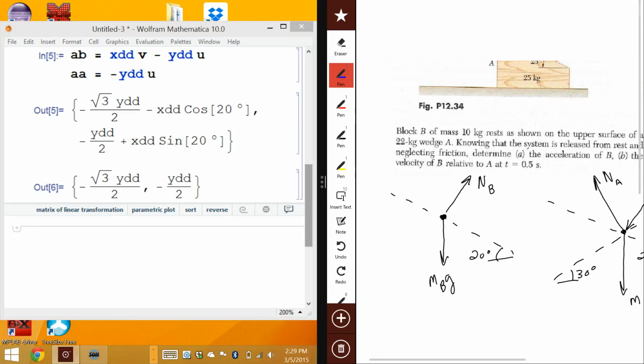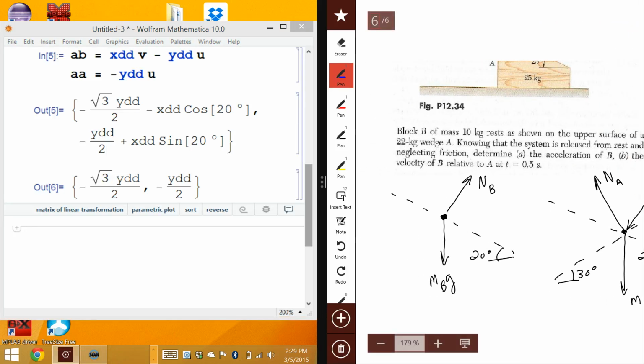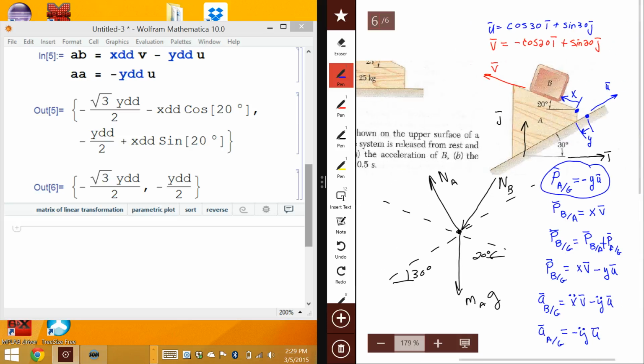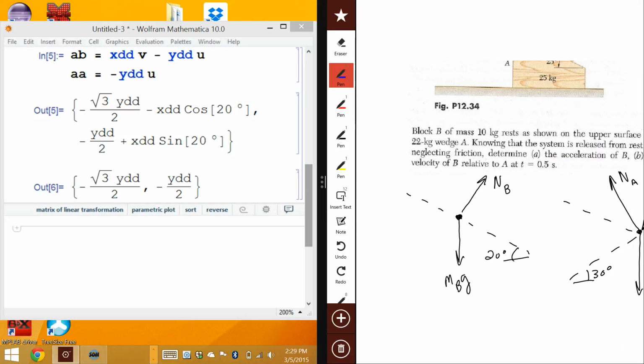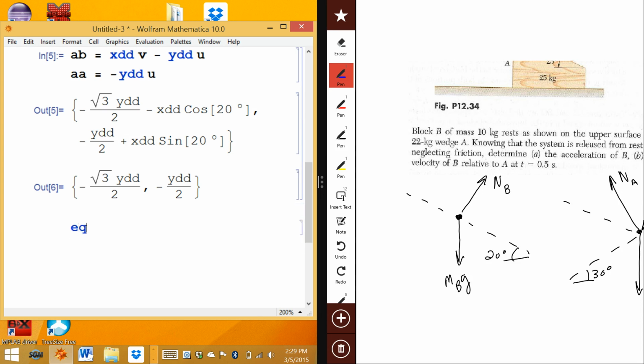So now we'll get our forces, and I'm going to sum in the x, or the I and the j. So I is to the right, j is up, so we'll take the vector b, or body b. So here come my force equations. Right.